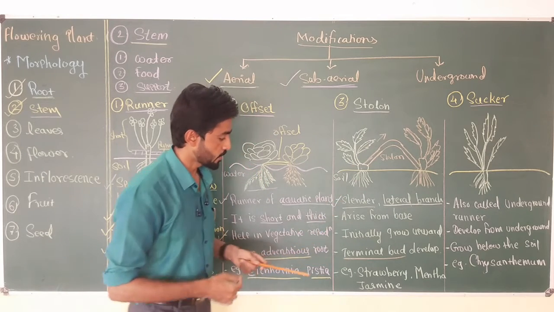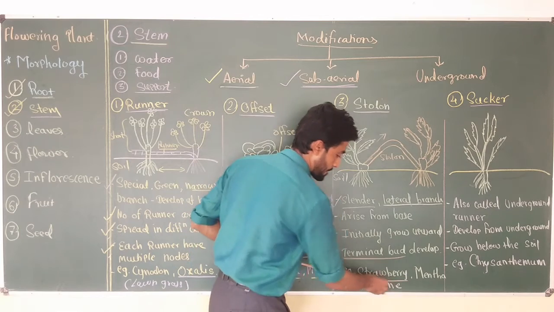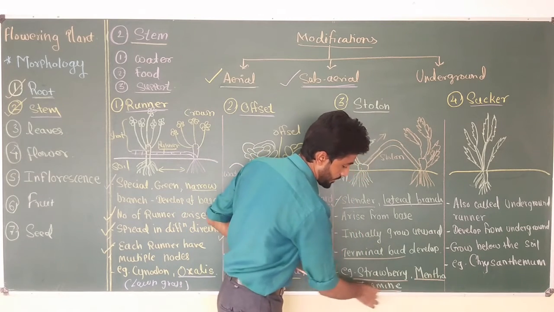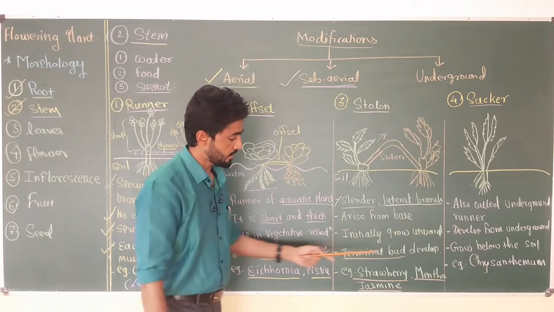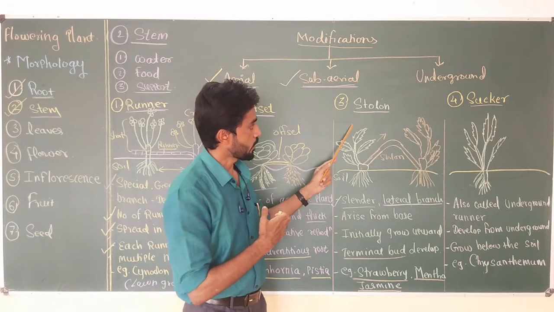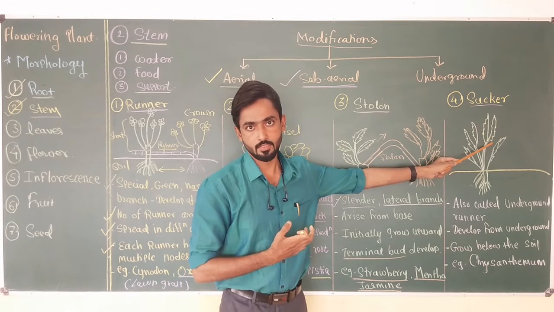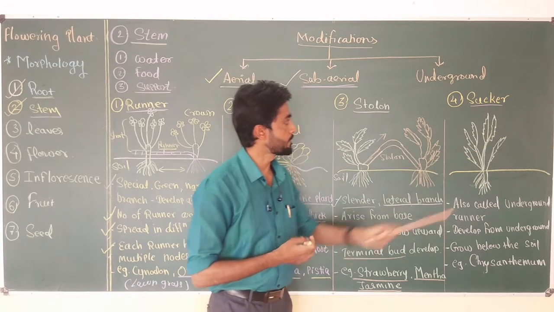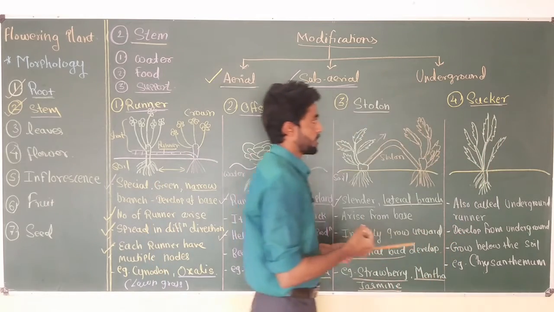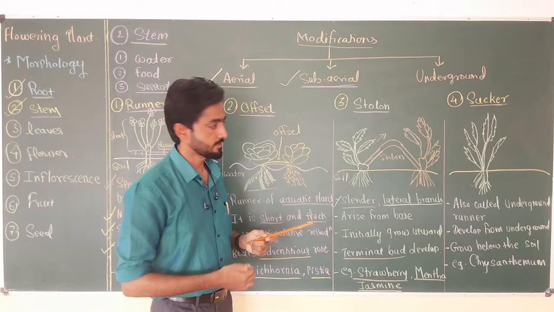A well-known example of the stolon is strawberry, mentha and jasmine. Actually, mentha is the plant which is an example of both stolon as well as sucker. Now, the last type, the sucker, is the last modification which comes under the subaerial class.